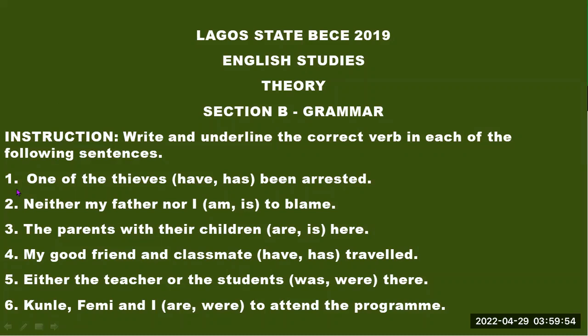Let's begin with question number 1. One of the thieves have or has been arrested. So you need to understand what exactly is the correct form here when you say one of. Now, it is actually a grammatical rule of concord that is involved here.